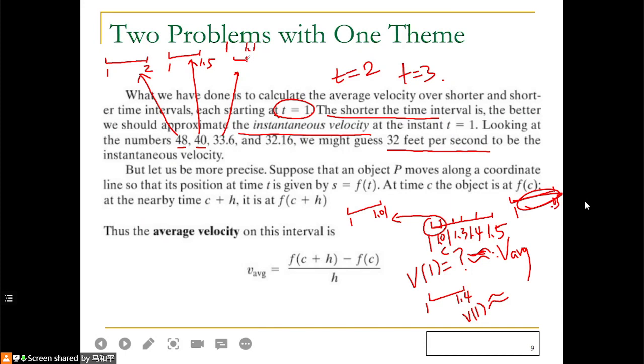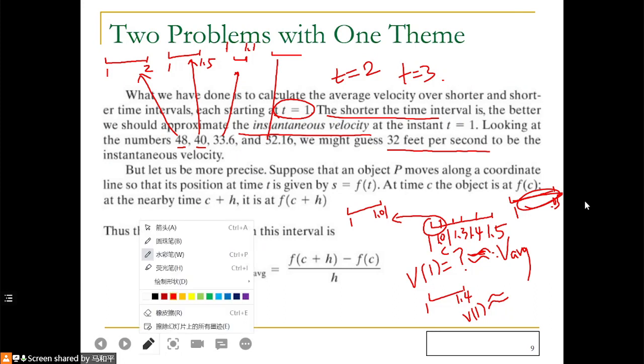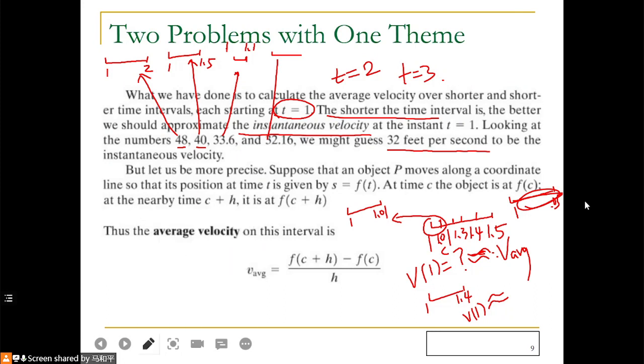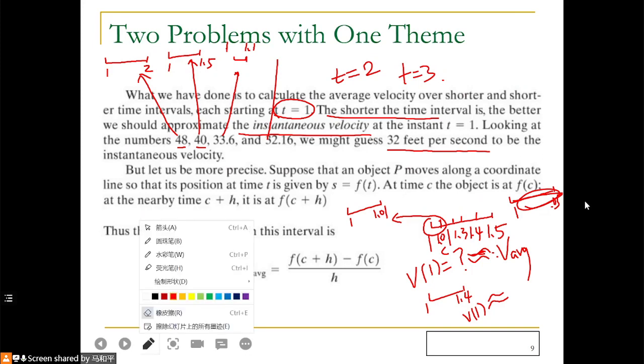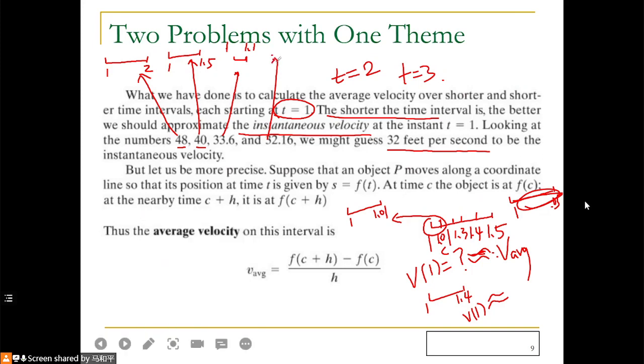And this one is 1.01. Of course, if you guess the speed at the point 1, we can guess 32 feet per second to be the instantaneous velocity, right?